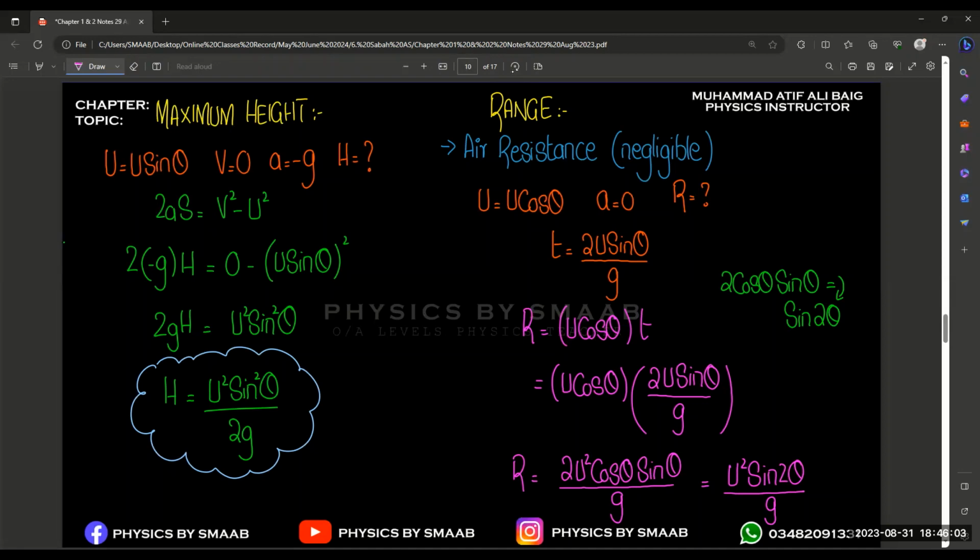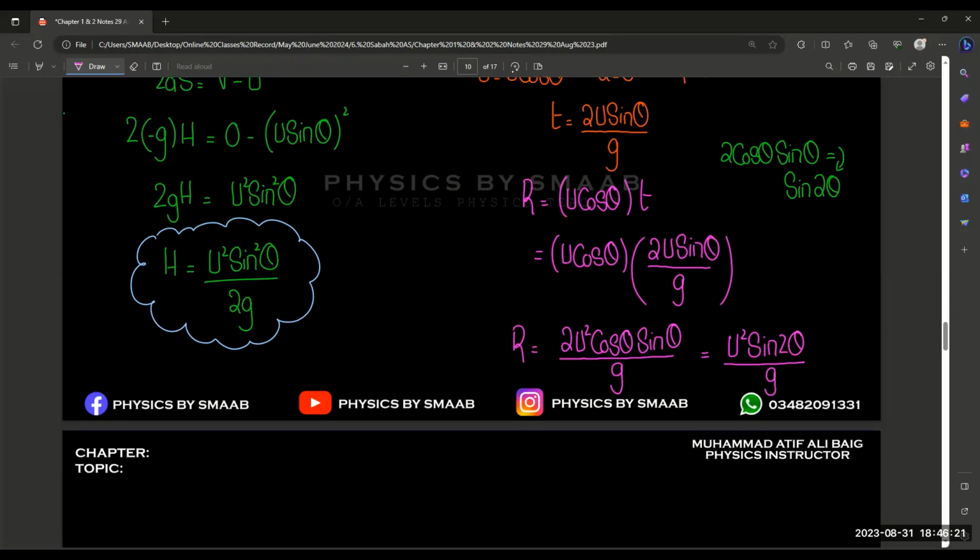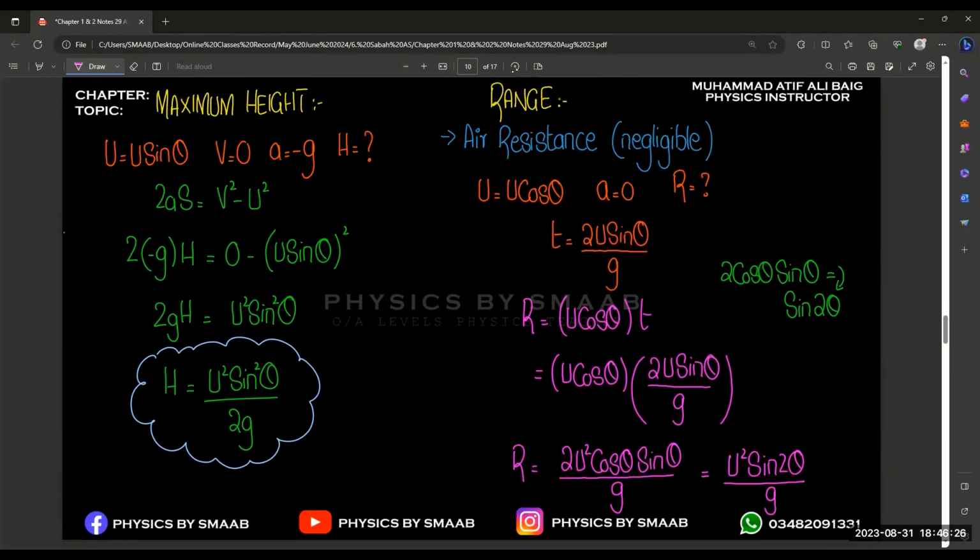So this is the concept of range, total time of flight, and the maximum height reached by the body. And there are some important things related to this, so let's write the final formula.